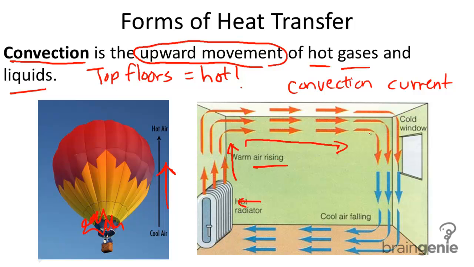The air cools down by the cold window here. So we have hot over here, cold on this side. As the hot air comes along and comes in contact with the cold window, it cools down, and then we get cold air sinking. Basically we get a current with hot air rising on the top, cold air sinking, and the cycle kind of repeats. And this is what we call a convection current.